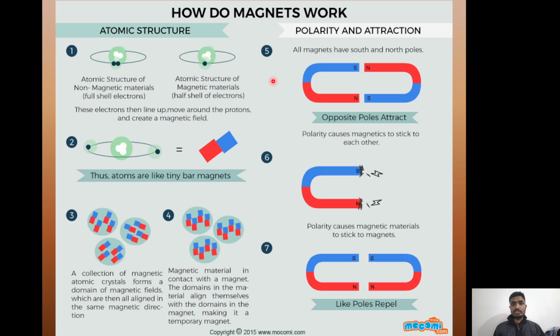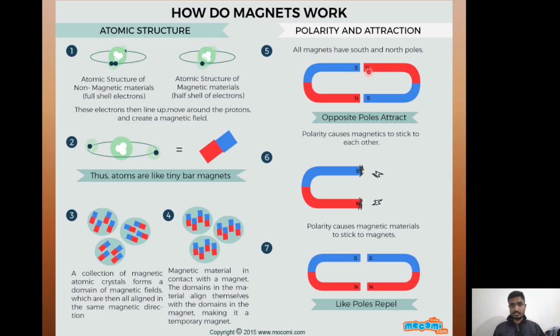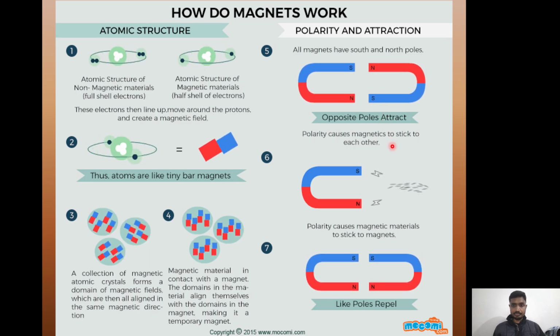So, as we have mentioned, the magnet has two poles, the south pole and the north pole. All the magnets' opposite poles would attract each other. So, as we see over here, the south pole will attract to the north pole of the other magnet, and the north pole of the same magnet would attract towards the south pole of the other magnet.